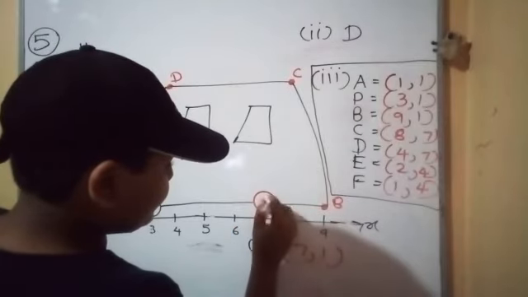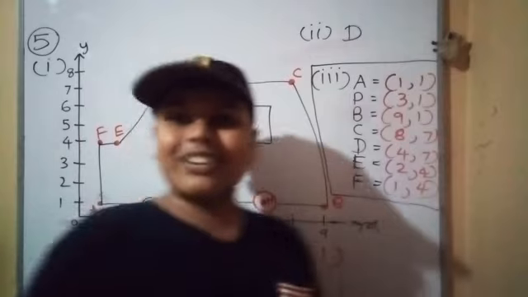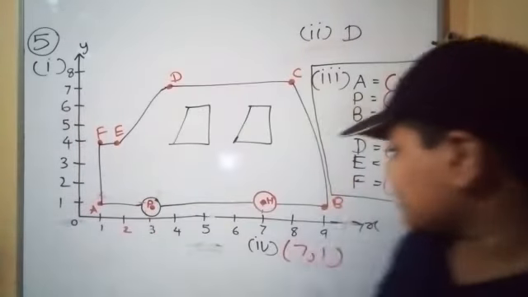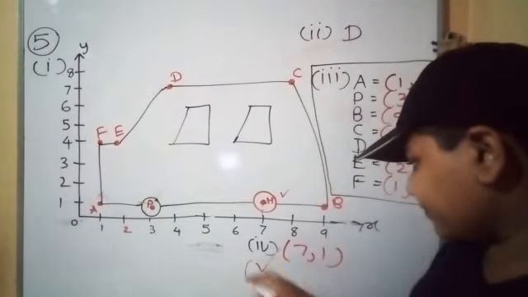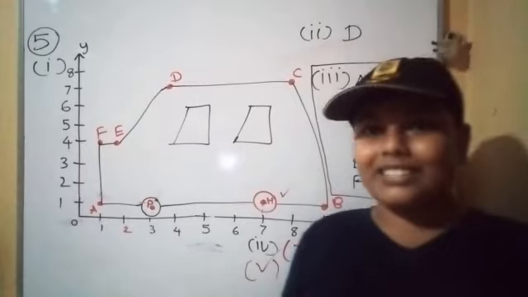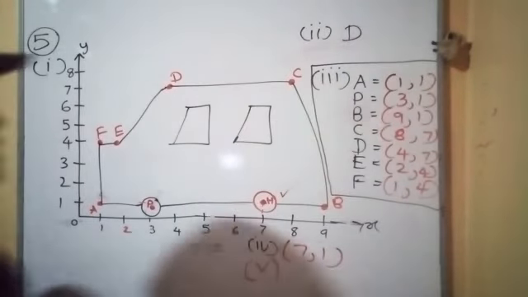Or you can name this as H. My choice is I mark that like H. So I draw that. The fifth question is also finished. So let's move to the sixth question.